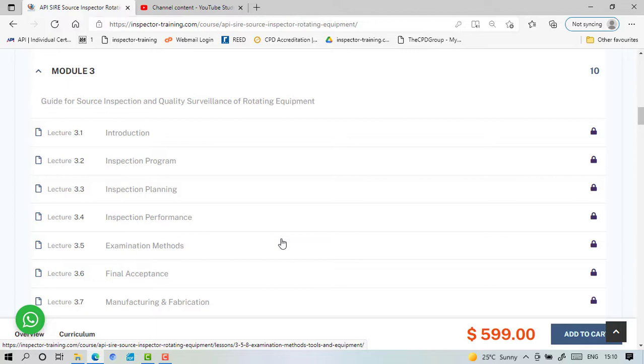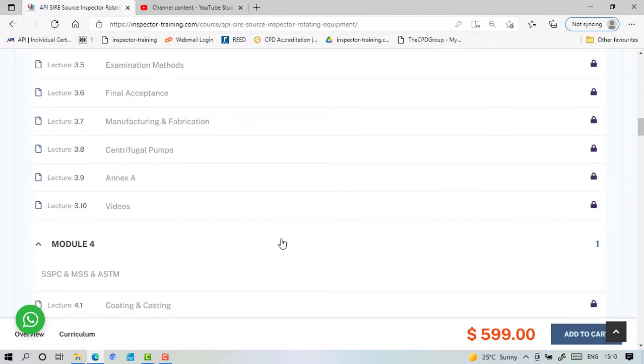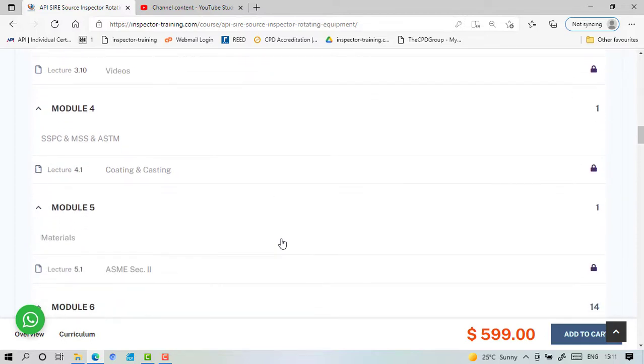This is an API ICP document. There is no copyright, but in future it will be turned into a recommended practice. So we explain this in detail here. And if you are doing self-study, please pay particular attention to this document because many questions come from it.